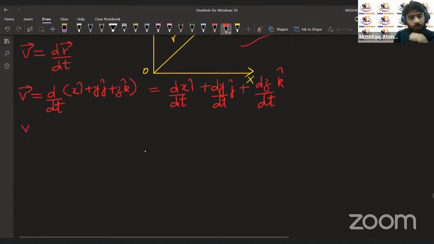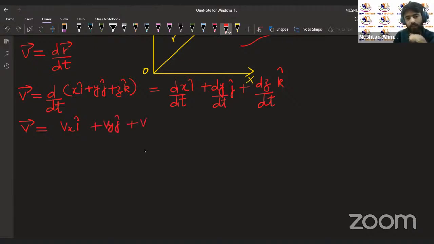So our velocity vector will be equal to dx over dt, the component of velocity along the x direction, so it will be vx i cap. Similarly, we will have vy j cap, and finally vz k cap. So these are the three components of the velocity along the x, y, and z directions.